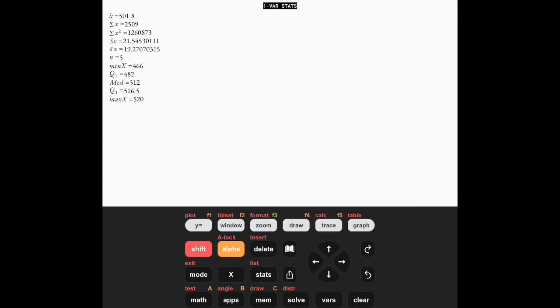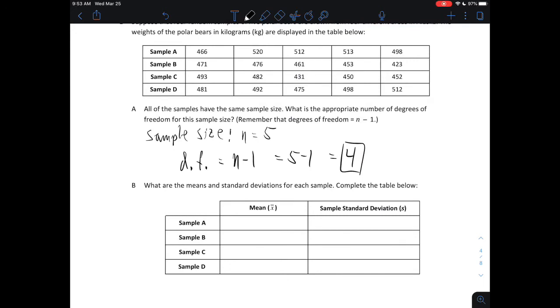I'm going to go back to the worksheet and I'll put in these numbers and then I'll write down what you should get from the other mean and standard deviations so you can check that against your calculator work. So for sample A, the mean was 501.8 and the sample standard deviation was 21.545.